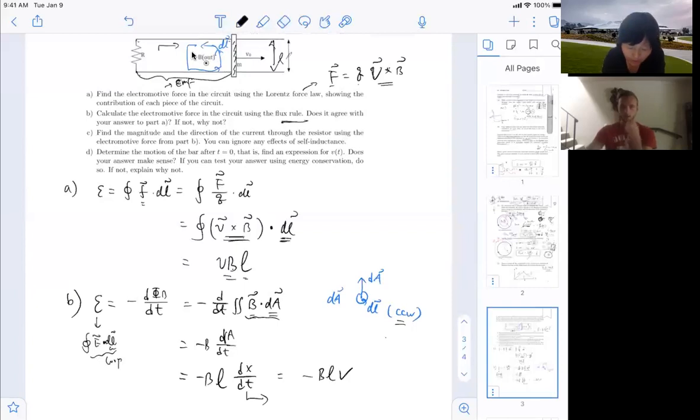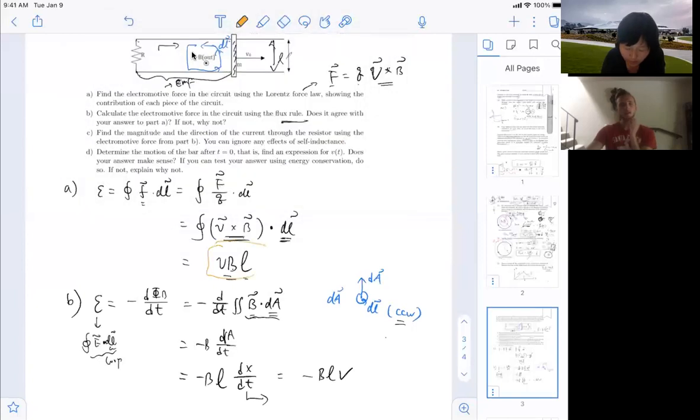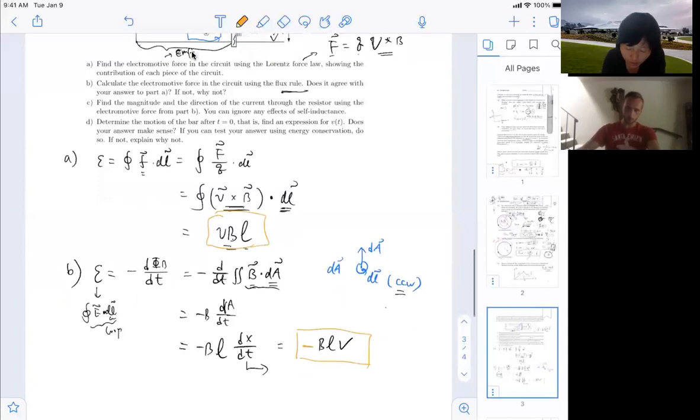Now you've got these two equations. This one gives you a positive value, this one gives you a negative value, but that's okay. How do you resolve the issue that this one has a negative sign? It has a negative sign simply because of my convention. I've chosen the loop to be counterclockwise.